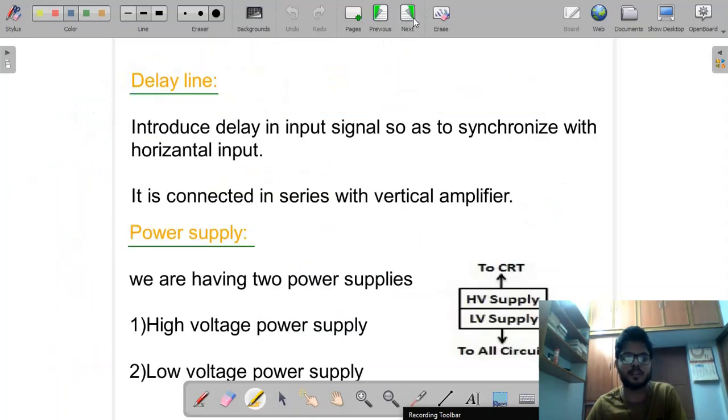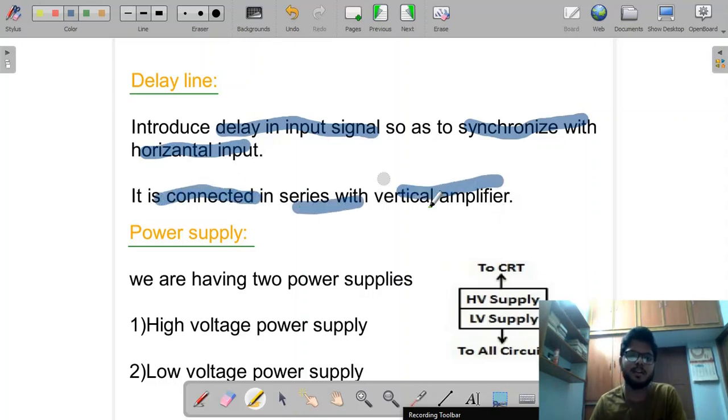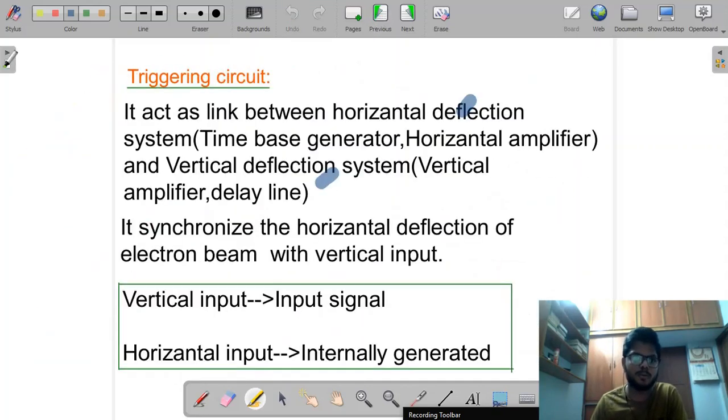Now the delay line, I have spoken about it. It introduces a delay in the input signal so as to synchronize with the horizontal input. It is connected in series with the vertical amplifier. It synchronizes the horizontal deflection and electron beam with the vertical input. The triggering circuit is also responsible for synchronization.